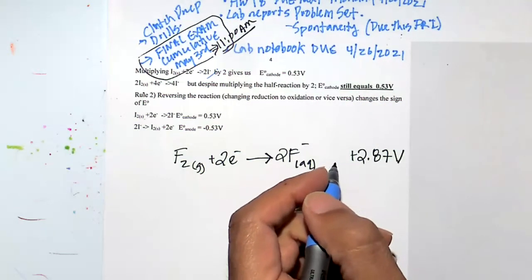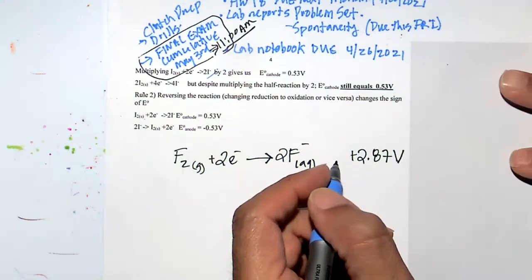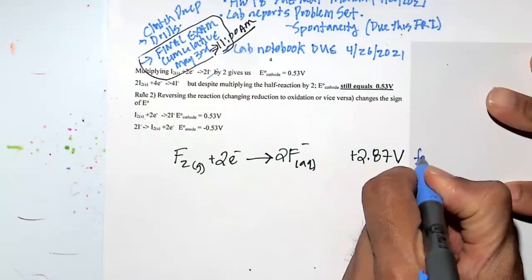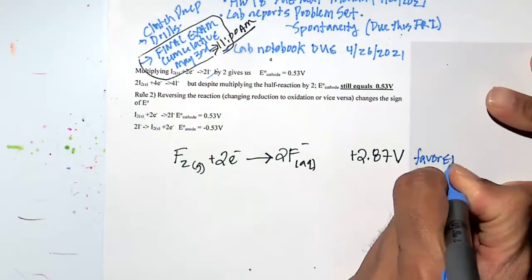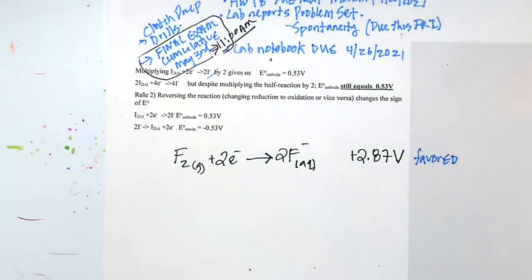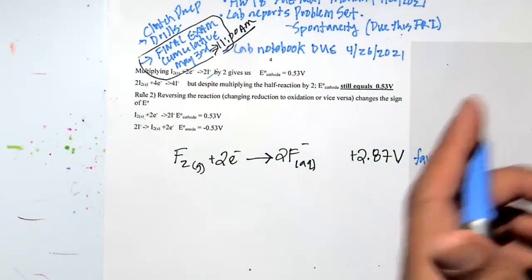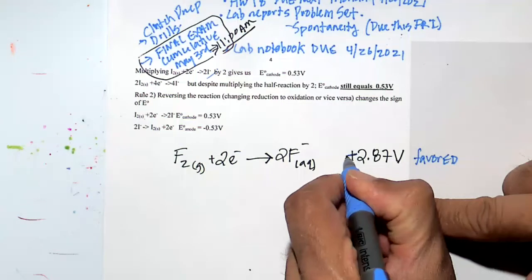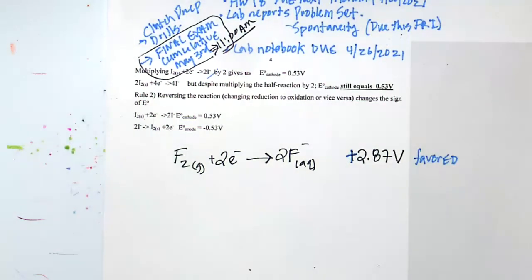Yes, meaning it's going to move forward, favoring the products. Why am I saying favored here? Because of the positive value. Usually a positive voltage has some voltage.